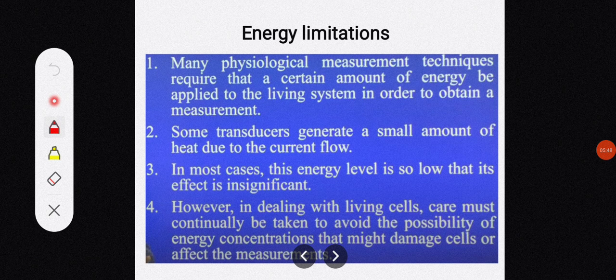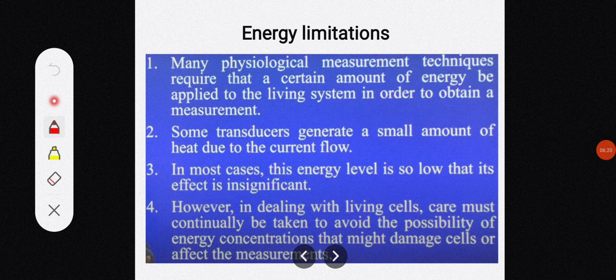Because of this flow of electric current, the transducer will generate a certain amount of heat. In most cases, the amount of heat or energy generated by the measuring device is negligible, insignificant. However, continuous care has to be taken, because we are measuring a physiological variable inside a living system.